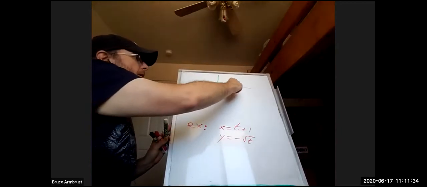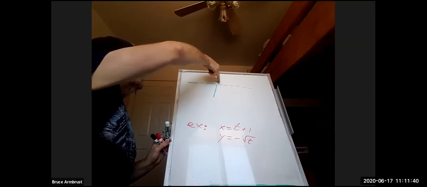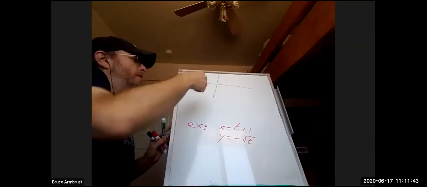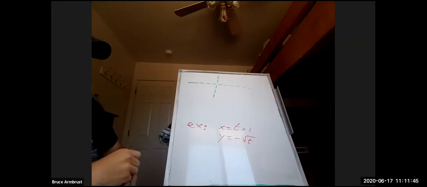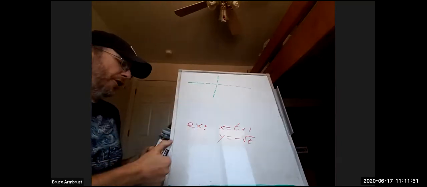Okay, I'm going to put some tick marks on here so that we've got some reference points. And the easiest way to do this is to create your good old t-chart.